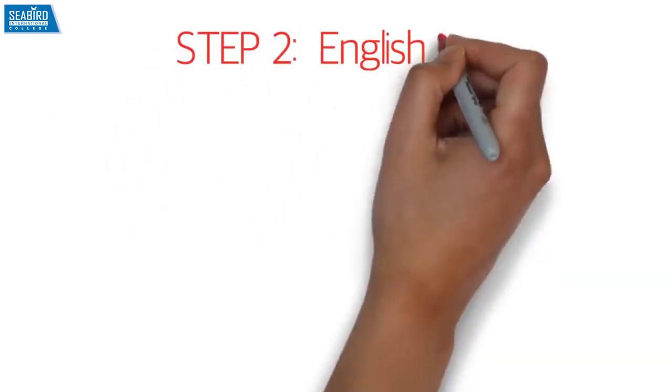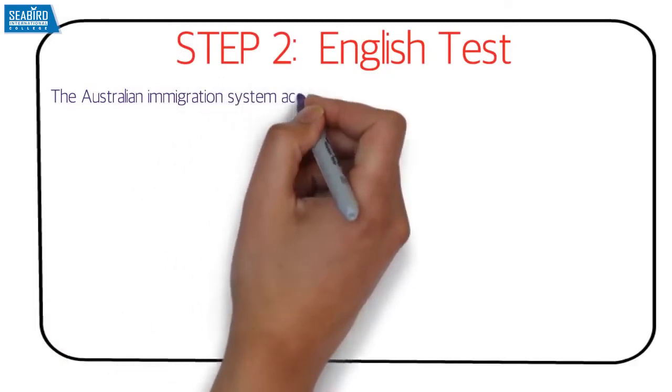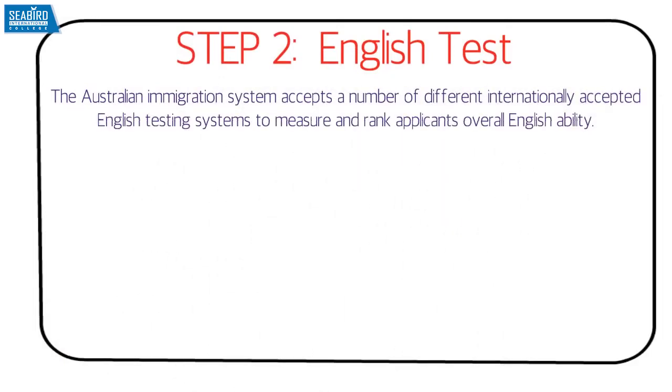Now let's talk about the second step, English test. The Australian immigration system accepts a number of different internationally accepted English testing systems to rank applicants' overall English ability.